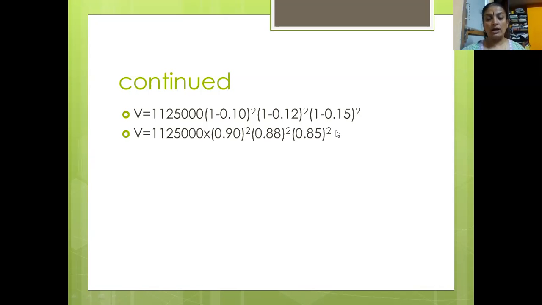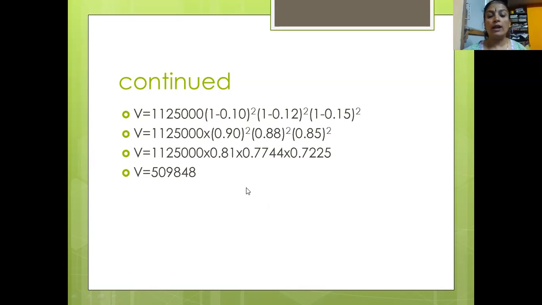So totally 6 years, but for every 2 years, the rate is getting varied. Therefore, different rates of depreciation for 2 years we have put here. The value will be 0.90 raised to the power of 2, which is 0.81. 0.88 raised to the power of 2 is 0.7744. 0.85 raised to the power of 2 is 0.7225. All these should be multiplied and you will get the value at the end of 6 years with varying rate of depreciation. This is the value.